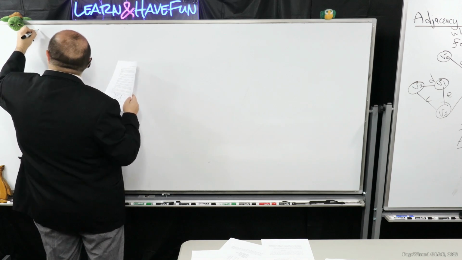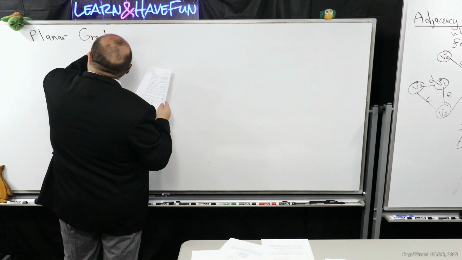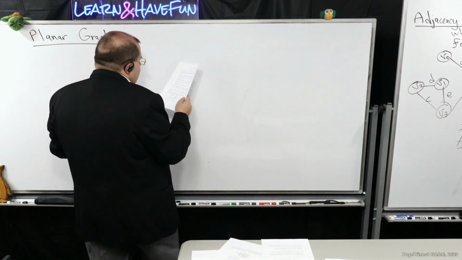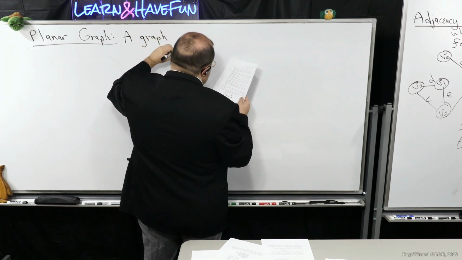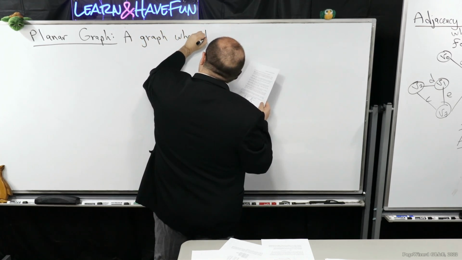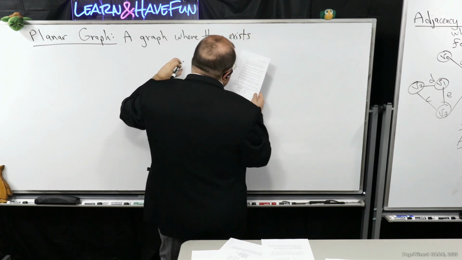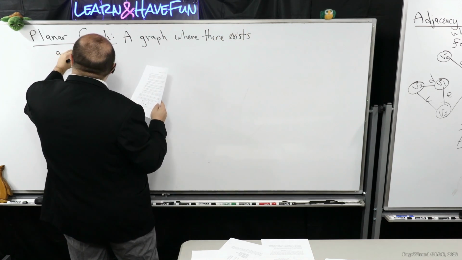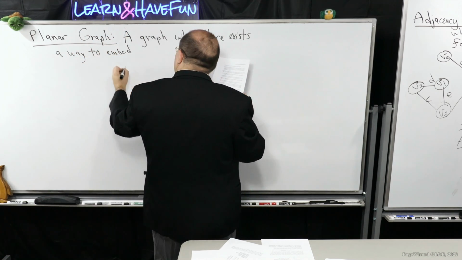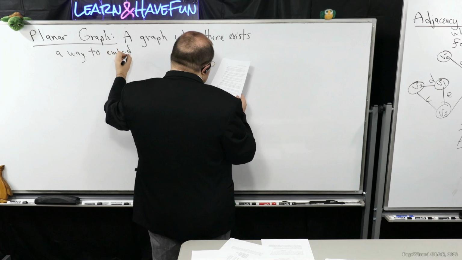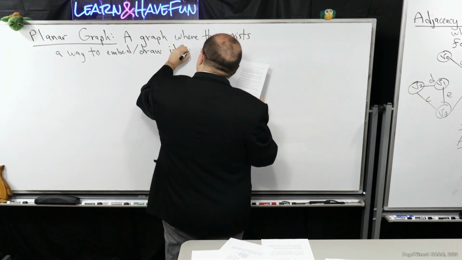So I thought I'd give you an example of a sparse graph. Something called a planar graph. This is a graph where there exists a way to embed or draw it in the plane.